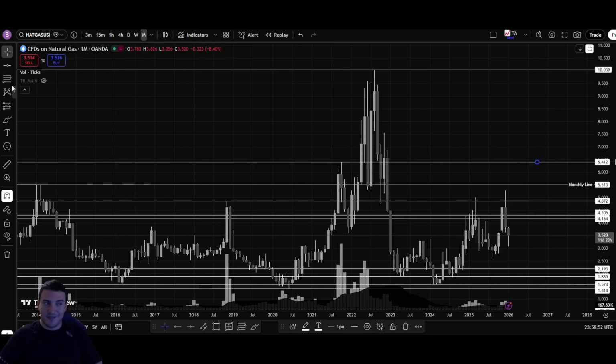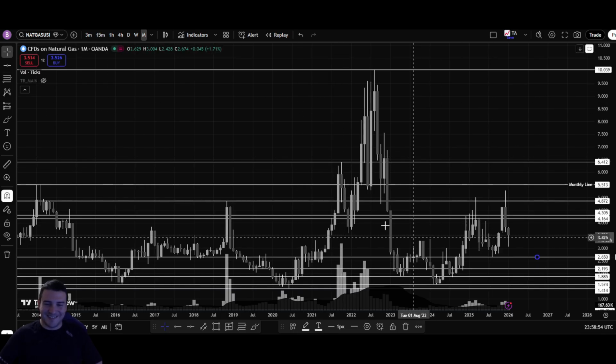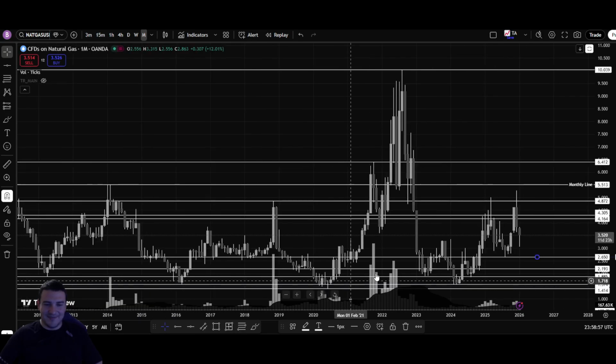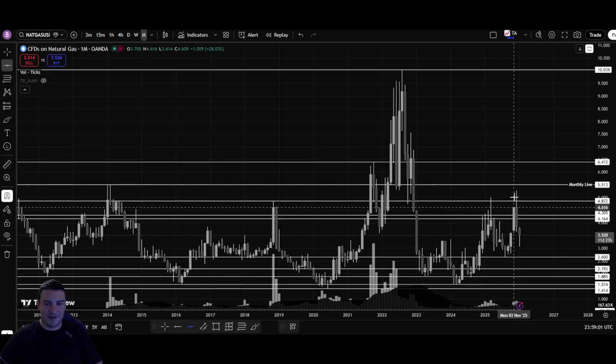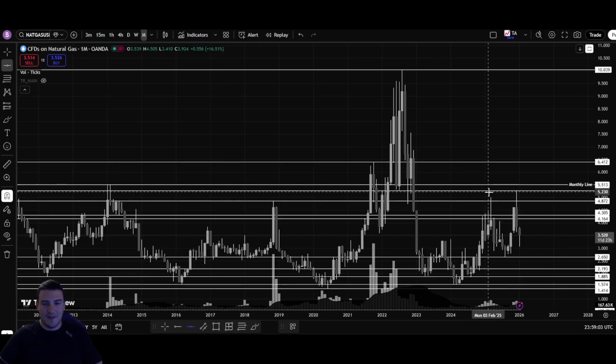But when they do, they have really crazy moves. So now we have this barcode worth of crap I've drawn on this monthly chart, which is wild.